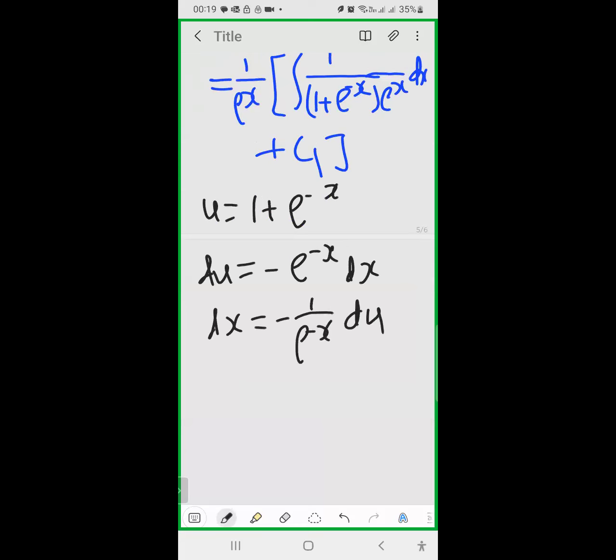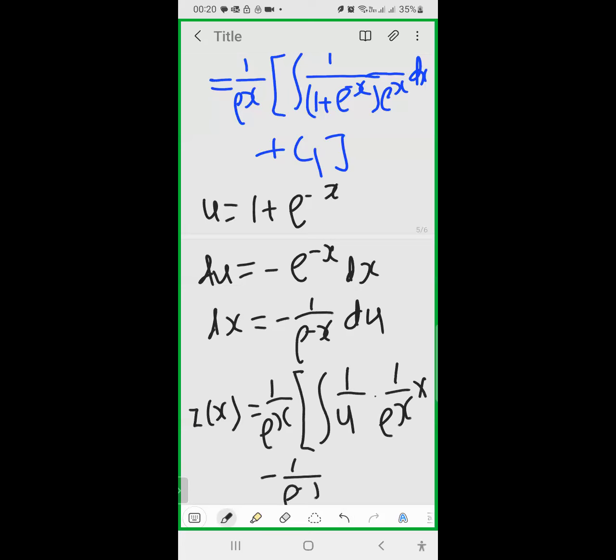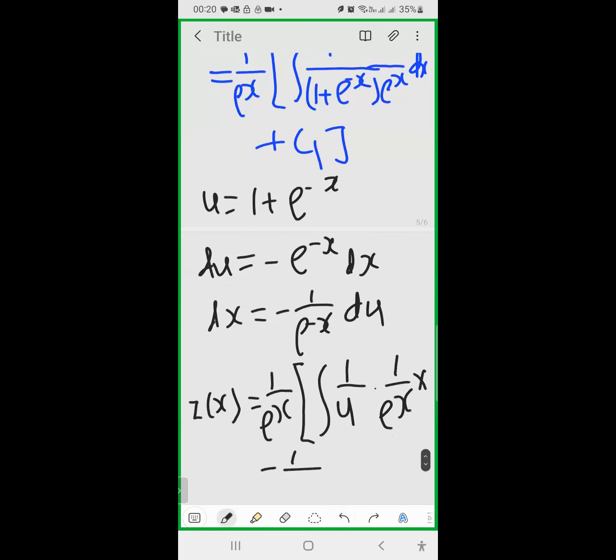That means z of x will be given by 1 over e to the power x, then the integral of 1 over u multiplied by 1 over e to the power x multiplied by our dx, which is minus 1 over e to the power minus x du. Then this is plus C1.